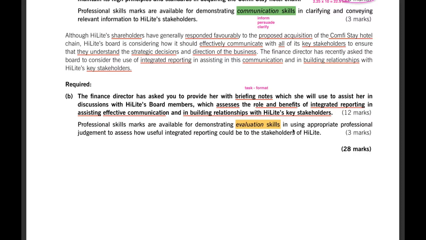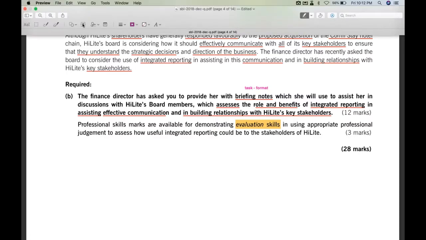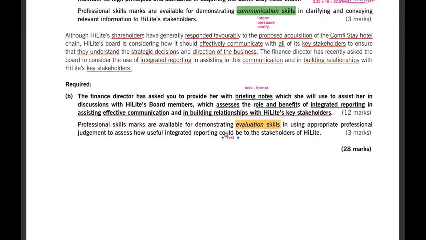So how many minutes should you take to actually answer this particular question? It's 2.25 minutes times 12.